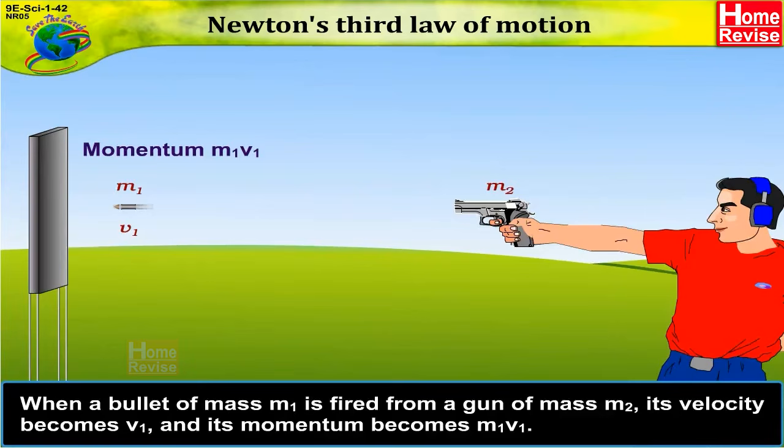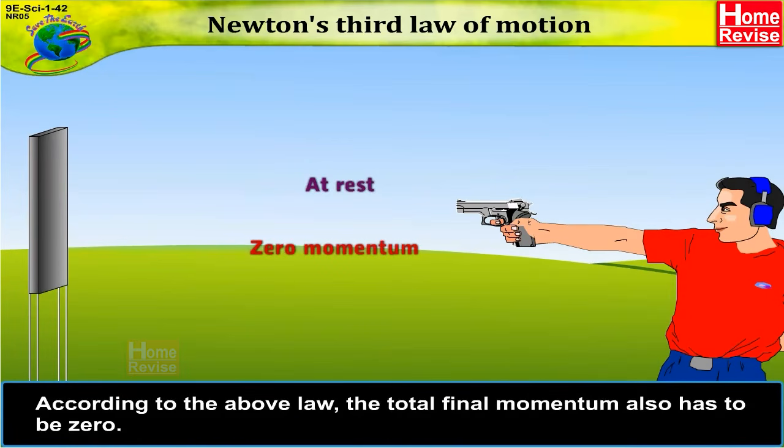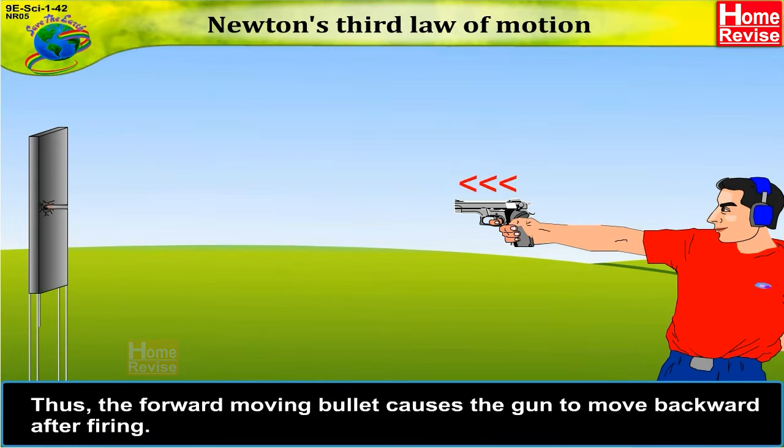and its momentum becomes m1 v1. Before firing the bullet, both the gun and the bullet are at rest, and hence the total initial momentum is zero. According to the above law, the total final momentum also has to be zero. Thus, the forward moving bullet causes the gun to move backward after firing.